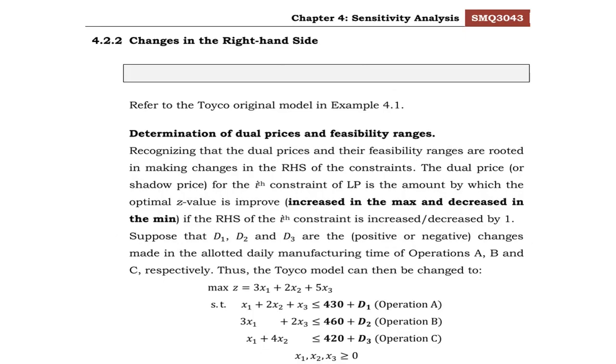So we continue our lesson today with subtopic 4.2.2, changes in the right hand side. There are three things that you need to find when there is a change in the right hand side. The first one is the dual price for each of the constraints. The second one is the feasibility condition.